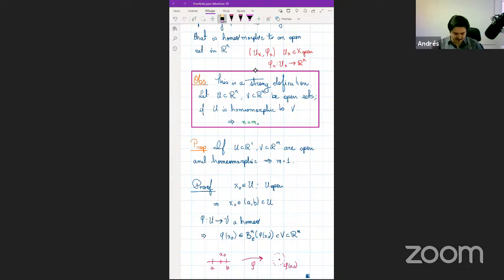Now, what happens on the other side? If you have a ball and you remove the center, is it going to be connected or disconnected? Connected. Always? Not always.